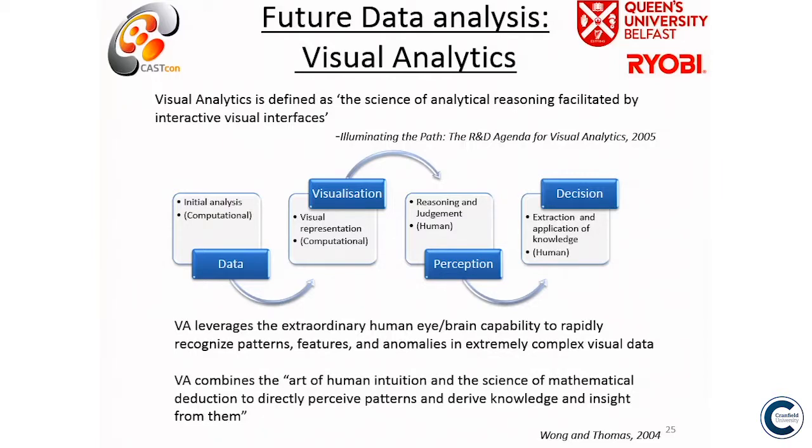So the U.S. Department of Defense and Homeland Security went forth and gathered up a lot of experts who developed this foundational document, which is actually called Illuminating the Path, and defined this new research area called visual analytics. The definition of visual analytics is the science of analytical reasoning specifically facilitated by interactive visual interfaces. And that's what makes this different from traditional data analytics.